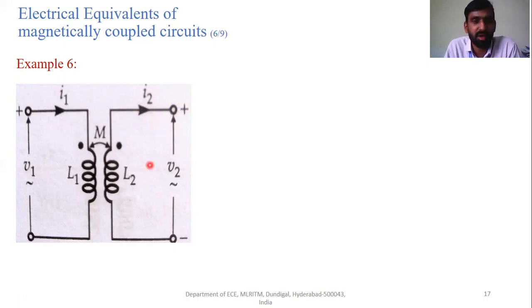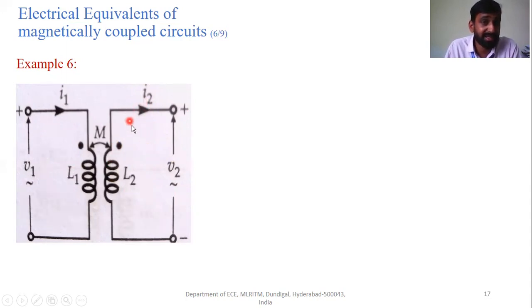So what are you going to do here? In the left hand side loop, the current is entering through the dot, whereas here the current is leaving through the dot.